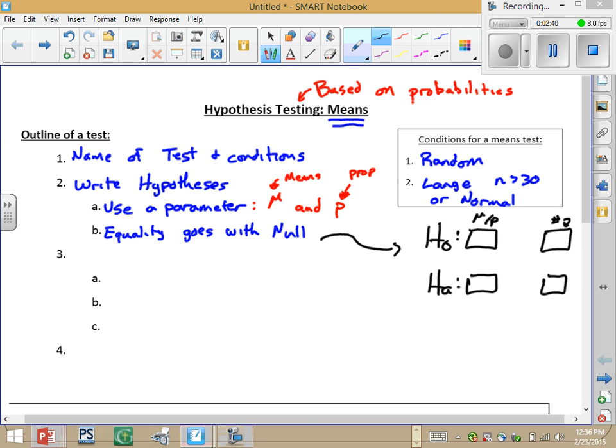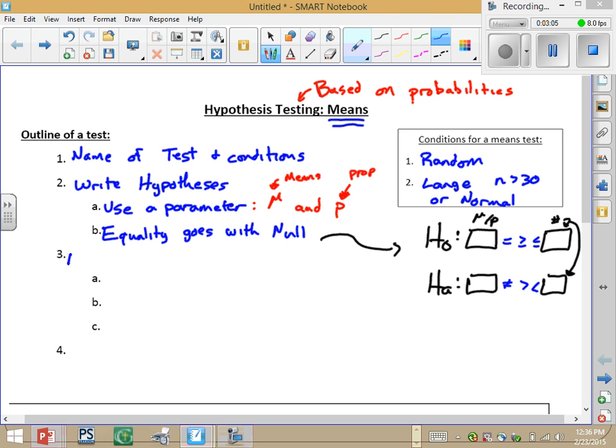And that same number is going to go in both boxes at the end. In between, equality always goes with the null. I'm actually going to clean that up just a little bit so it's easier to read. Equality always goes with the null. So in other words, the null is always either going to be equals, greater than or equal to, less than or equal to, which means the alternative is not equal, greater than, or less than.